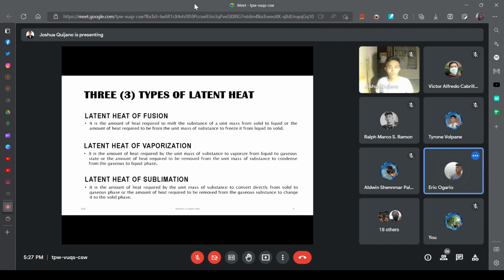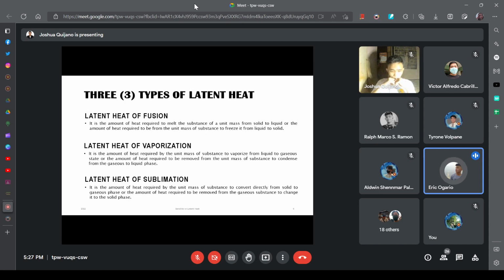It is the amount of heat required by the unit of mass of substance to vaporize from liquid to gaseous state, or the amount of heat required to be removed from the unit of mass of substance to condense from gaseous to liquid phase. So basically from liquid to gas or vapor, or from the vapor or gas to liquid.